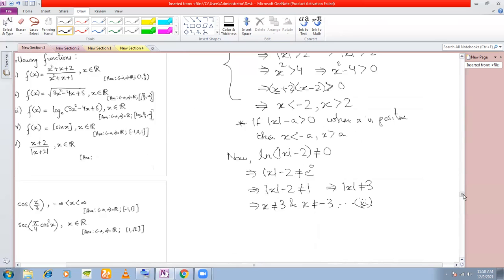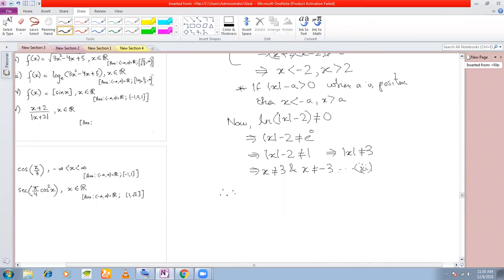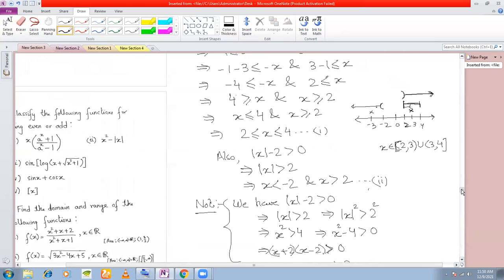So that means we write here, therefore, combining 1, 2, and 3, we get x must belong to 2, 3, right? And is x equal to 2?